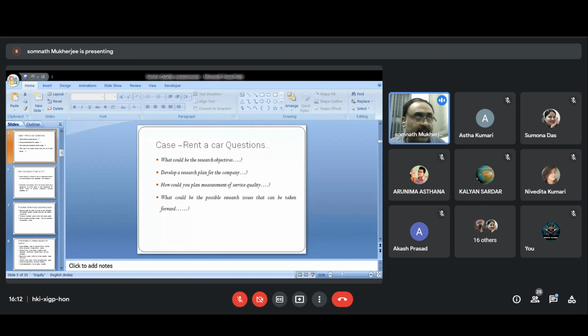If I'm able to identify certain drivers, like what Sumona said in her research, and I act on these drivers, then as a company I will be more effective than anybody else, any ABC.